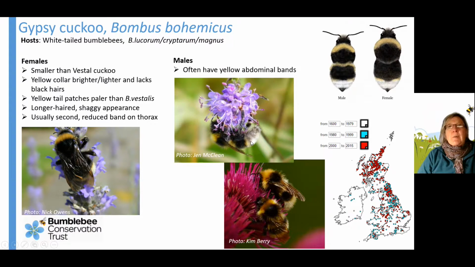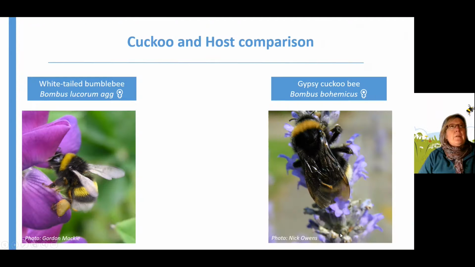The yellow flashes above the white tail are lesser, they're paler, but also bohemicus males tend to have more noticeable yellow banding around the midriff there. So look out for that: fluffier, more yellow banding, slightly smaller and finer species. Okay, but it can be really, really challenging. So sometimes you can't separate those two males very easily in the field.